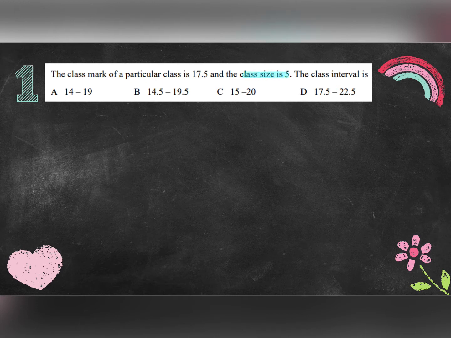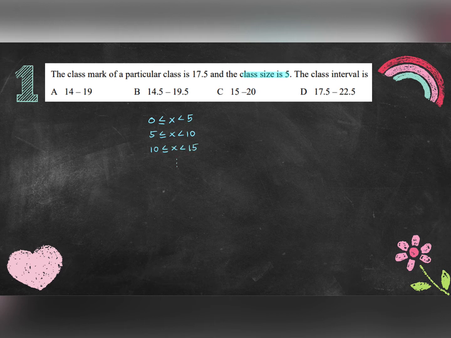Okay, so bila the class size is 5, so maybe kita punya markah will be based on X between, for example, 0 until 5. Okay, and then kita ada 5 until 10. Kan? And then kita ada 10 until apa lagi 15 and so on lah.